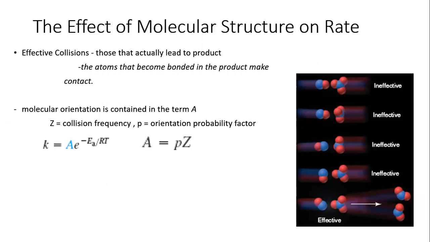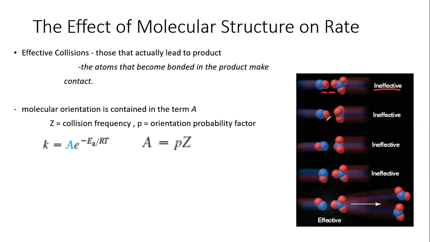And so if we look here at the right-hand side of the screen, we see NO and NO3 reacting. So there are many different ways you can orient the molecules for the reaction to occur. So one way is if the oxygen on NO reacts with an oxygen on NO3, no reaction occurs because that's not the correct orientation.